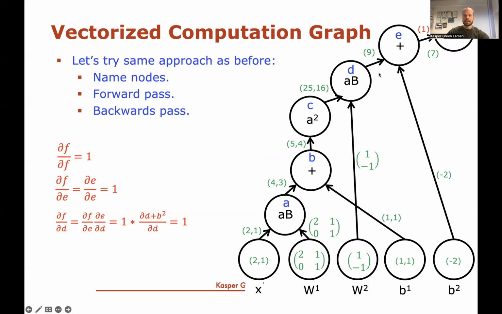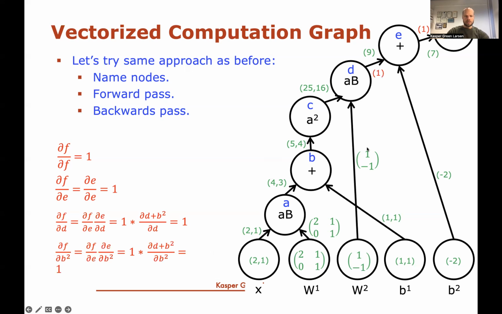In this case, it's the value d plus the value b2. This is an important thing: this is not a square, it's the second bias vector. So it's just b2, there's only one entry in it, and there's nothing squared here. So it's the sum of d plus b2, and we have to compute the partial derivative of this with respect to d. That is just 1, so 1 times 1 is 1. So we have another 1 here.